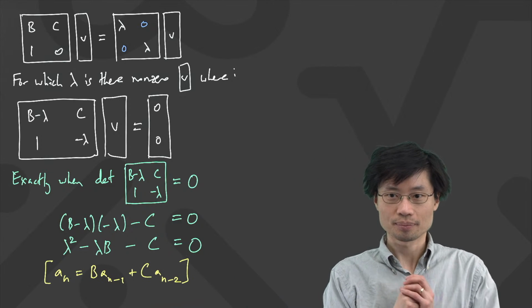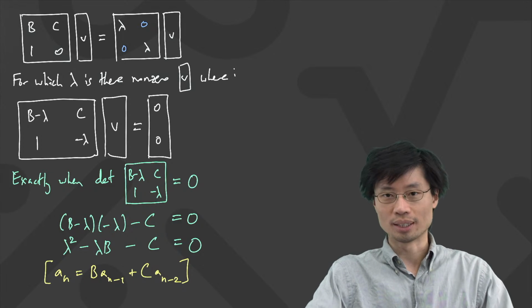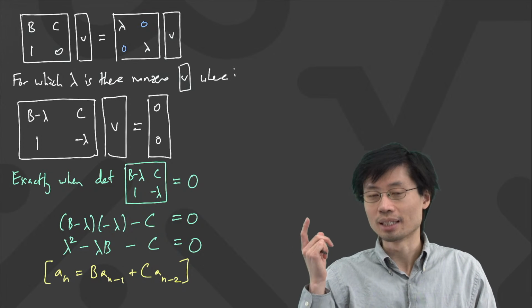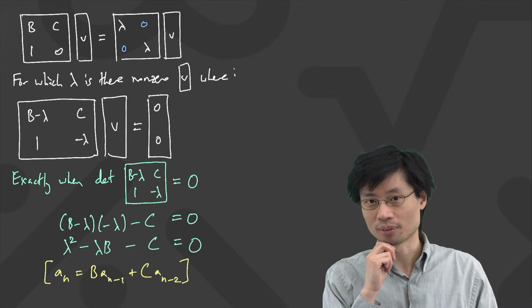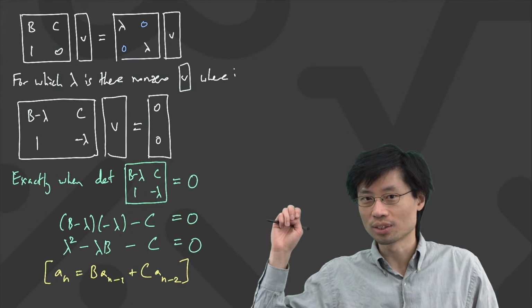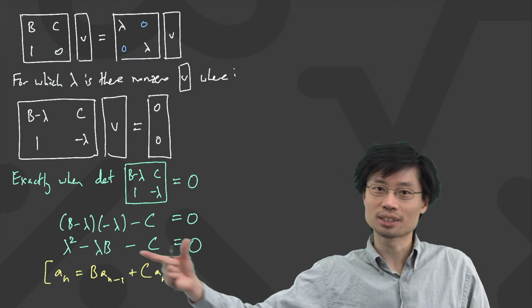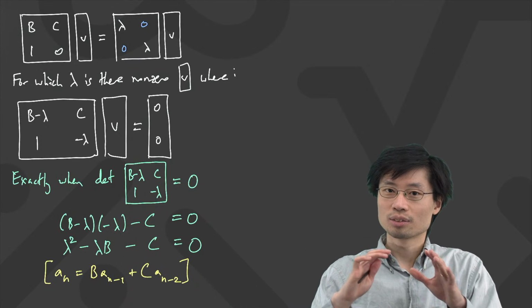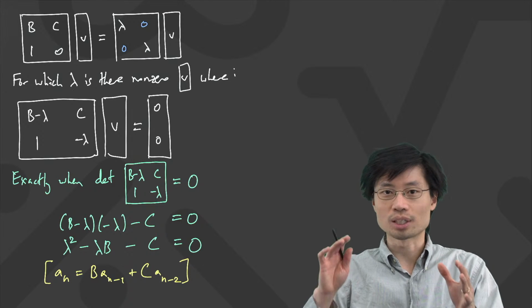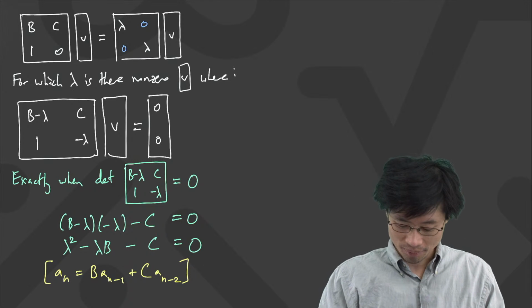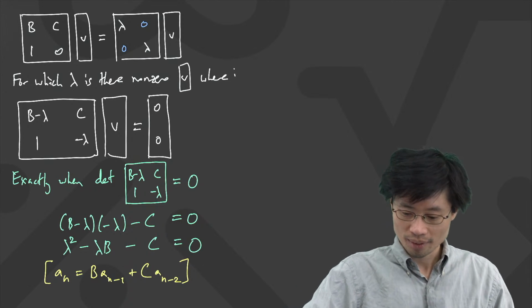Okay, so now I just need to know, are there any lambdas that make this the case? Here's where I want to drive home one other point, something I said many times in the last lecture, and maybe the one before that. As long as I find two distinct solutions for this lambda, I'll get v1 and v2, which are not just rescalings of each other. Let me emphasize that here.